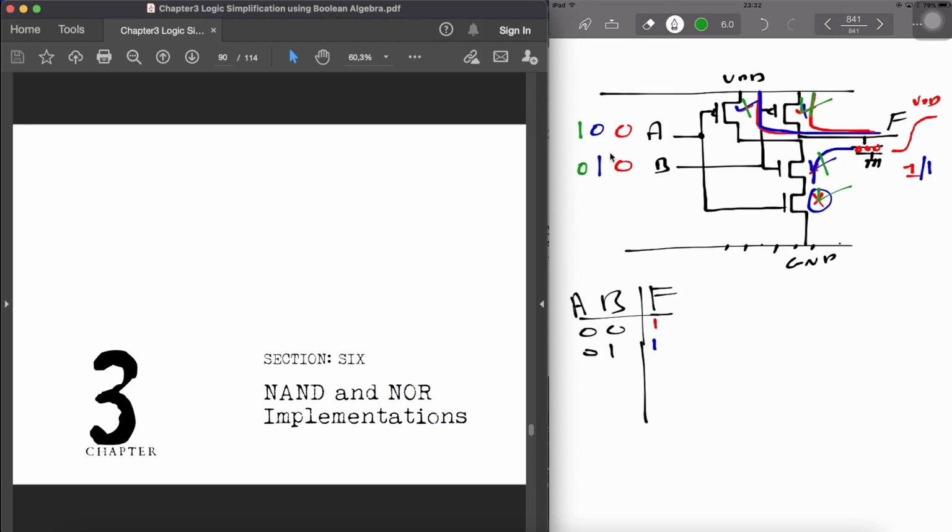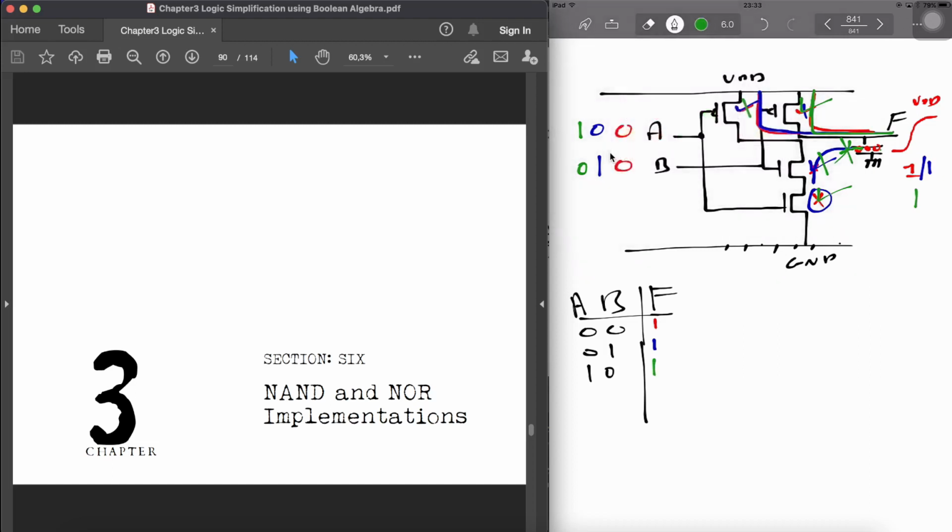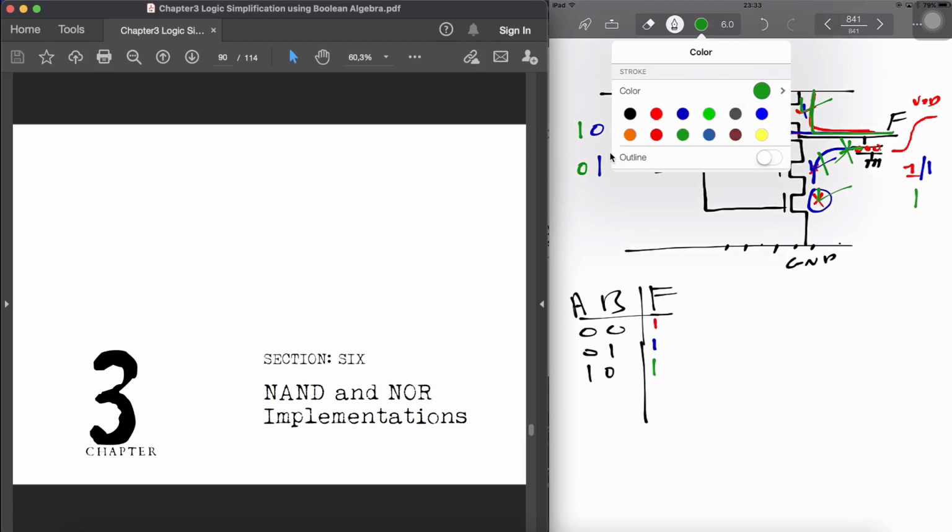Now we still have a path to the output, and there's no path from output to the ground. So that means this is still 1. So that means 1, 0 is also giving us 1.